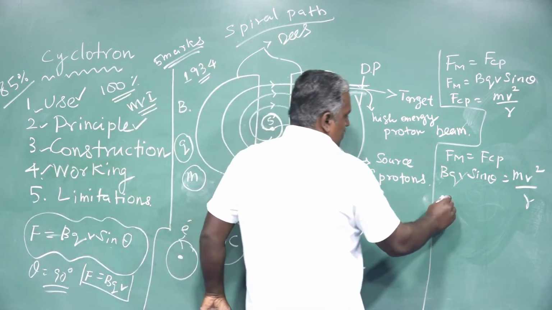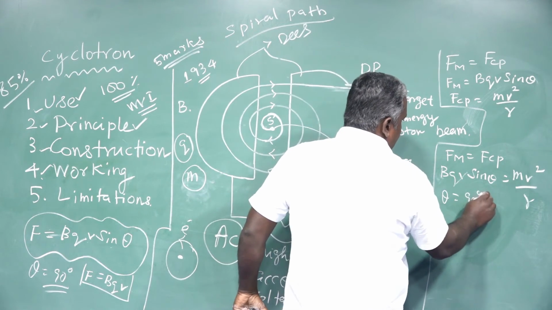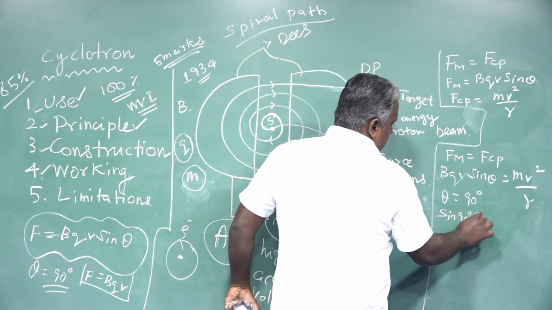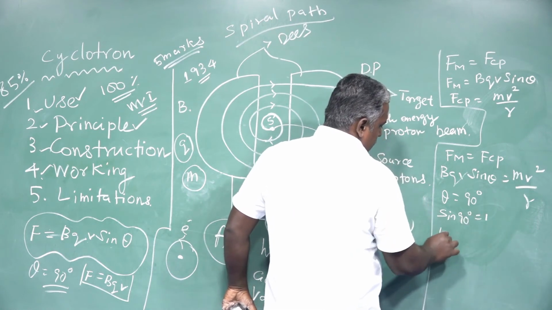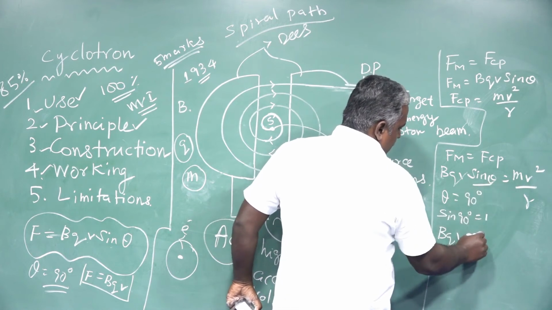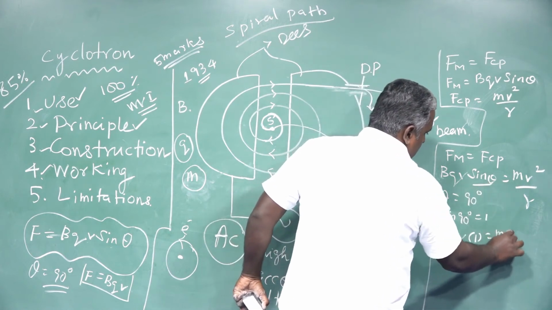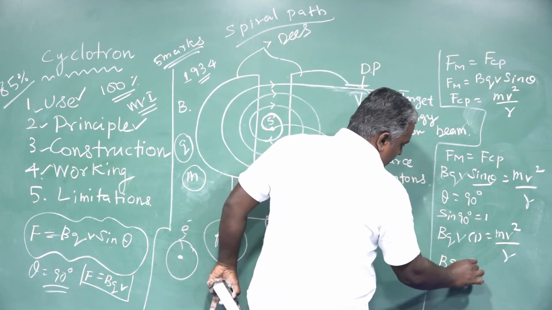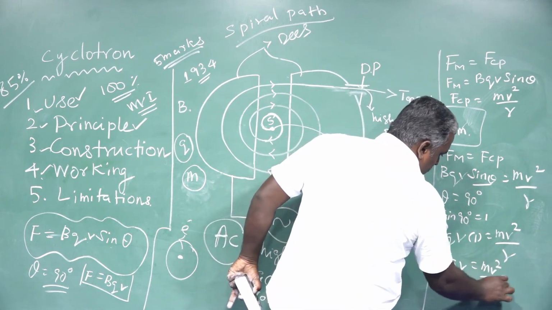Therefore, theta is equal to 90 degrees. Sin 90 is equal to 1. Therefore, BQV into 1 is equal to mv square by r. So, BQV is equal to mv square by r.